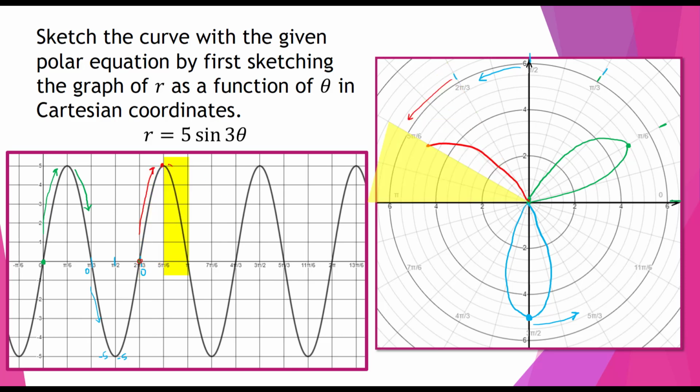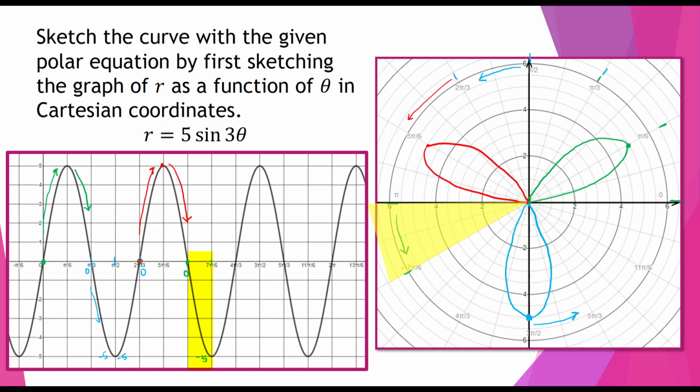And from 5 pi over 6 to pi, our radius decreases from 5 back to 0. Now from angle pi to 7 pi over 6, our radius decreases from 0 to negative 5. Pi is an angle here, 7 pi over 6 is here. So we're thinking of rotating this direction.